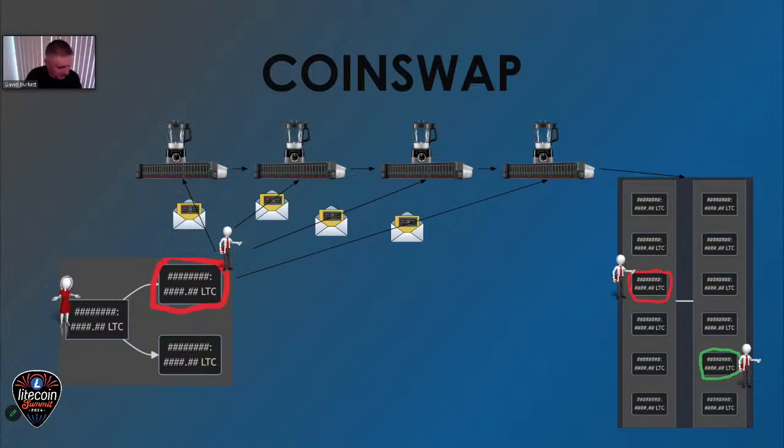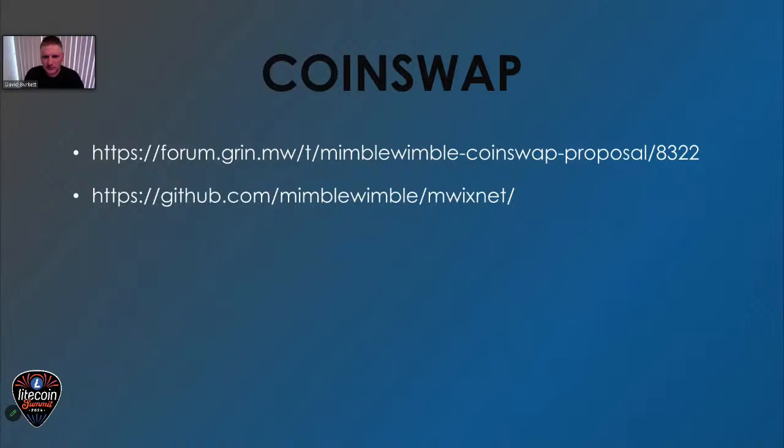I don't even know how much time I have left, but the cool thing is that Grin has this working fine on their network. This second link here shows a repo with a working version of this CoinSwap service, and we can very easily adapt it for us.